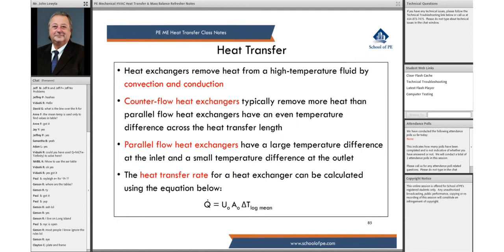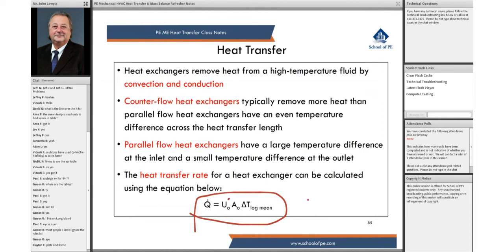The heat transfer rate tends to cause a little consternation over the years. This is for a heat exchanger.